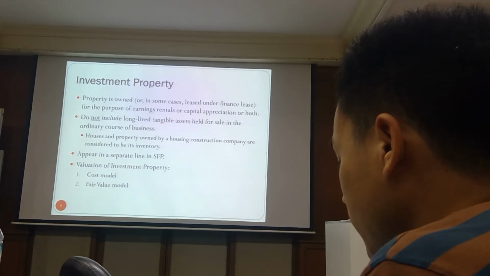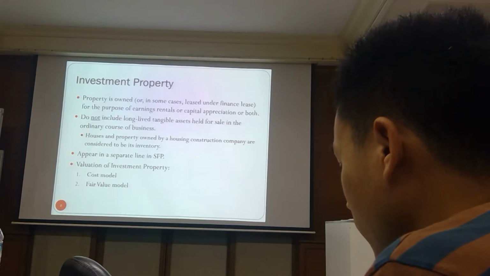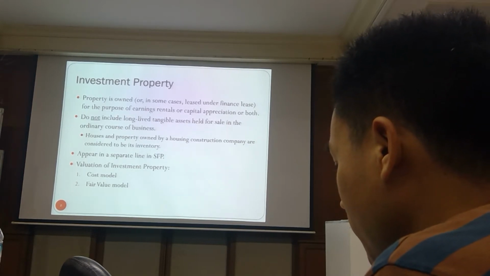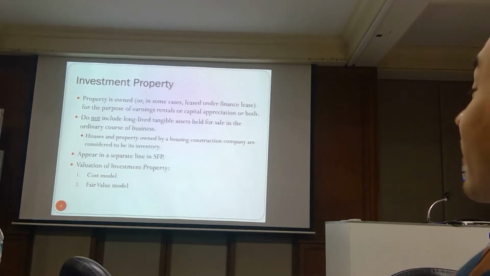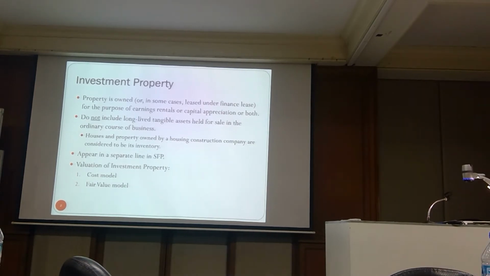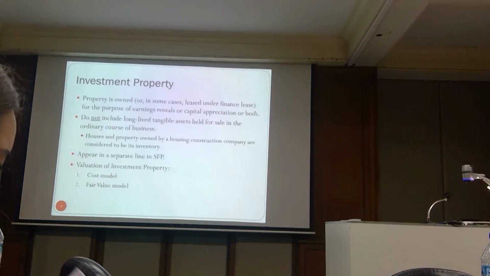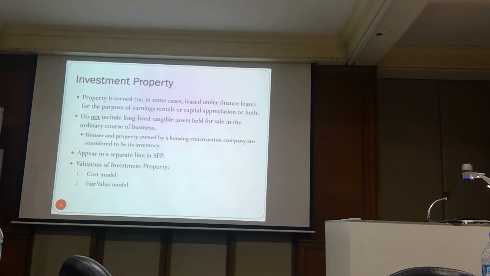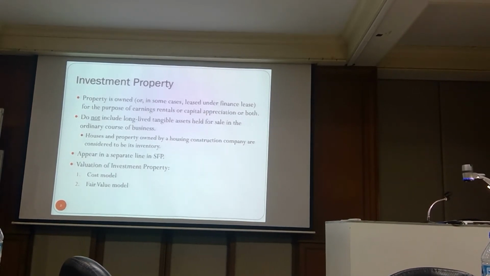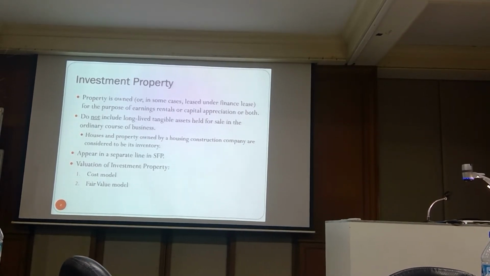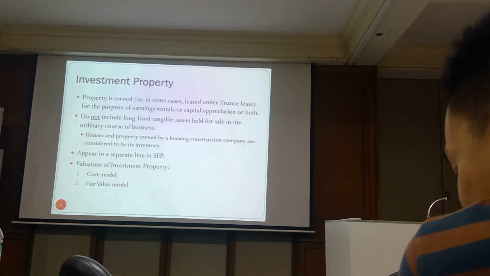So my PPE is my land, and I build a factory on it and buy the machines. You learn that I got the land, land improvement, the building, I have depreciation, fine. And you can do revaluation as well, as I told you about revaluation of PPE.